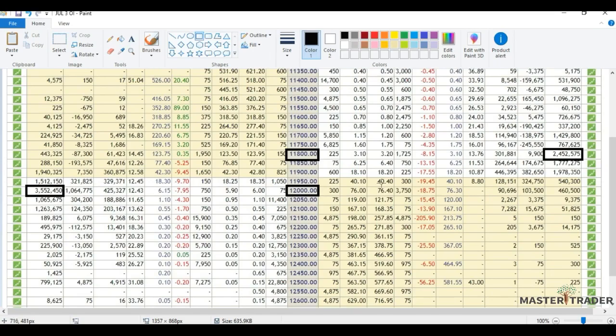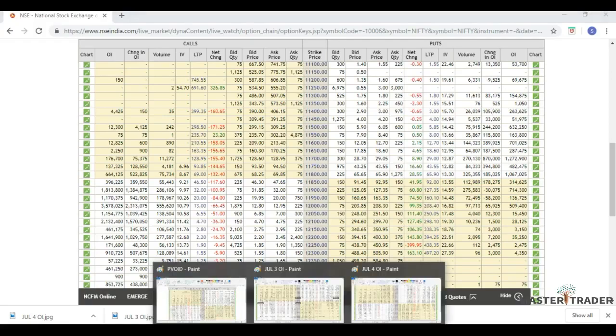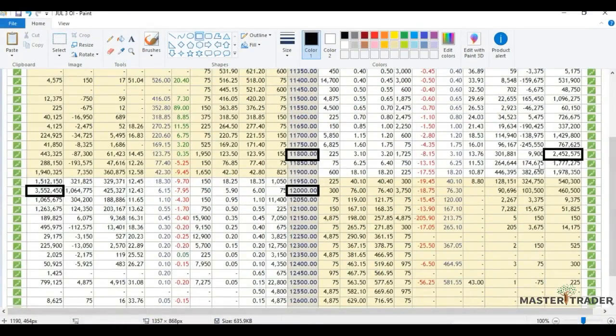Okay, now what we want to look at is this particular column, the one right next to open interest, which is called change in open interest. As we can see here, this change in open interest. And what we want to look at, guys, is the most recent strike price.